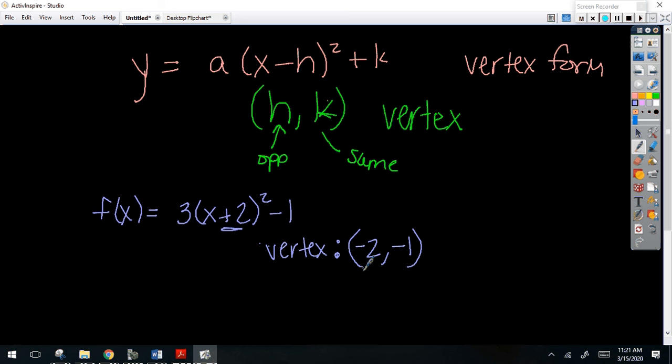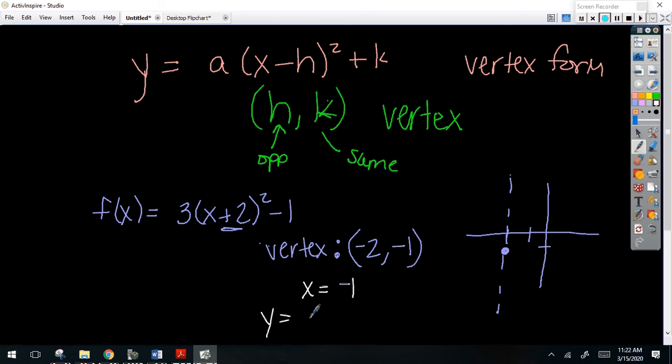Okay. And so from here, I could go ahead and graph, and I know that (-2, -1) is my vertex, and then maybe I pick another point. This is also my axis of symmetry. And then maybe I just pick another x. Let's say x equals -1. I'll just go right here beside it.